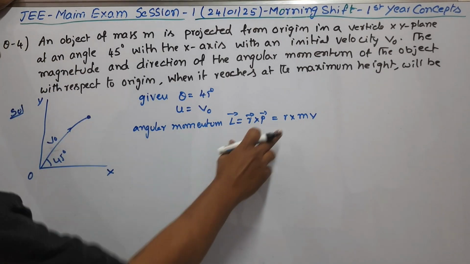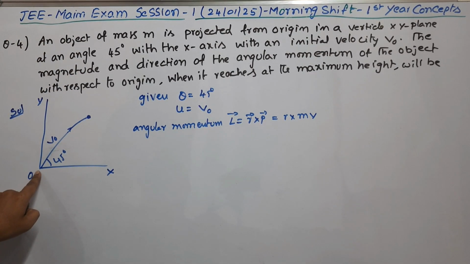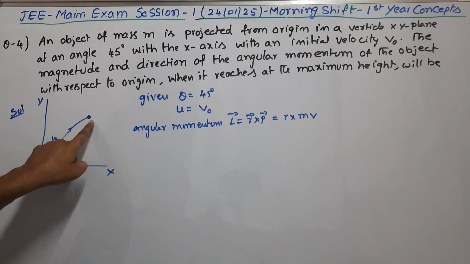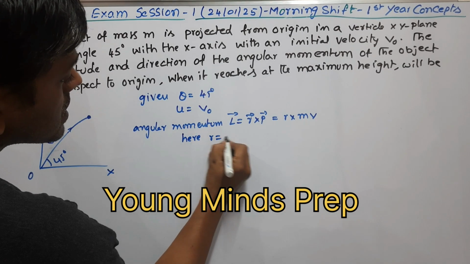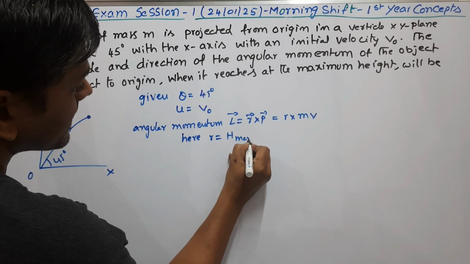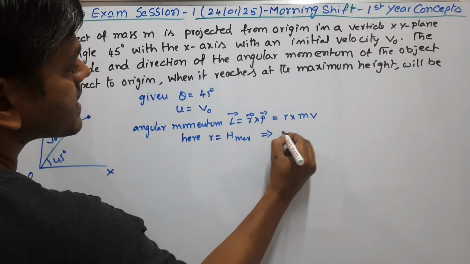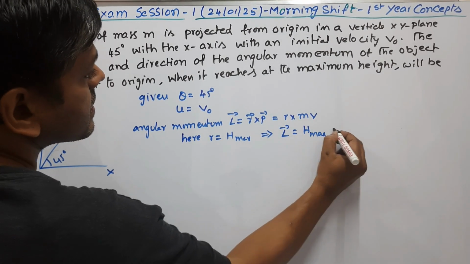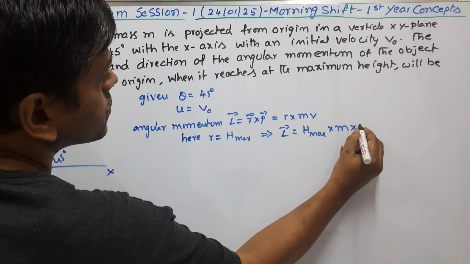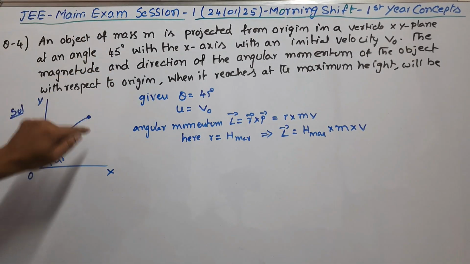Here r is with respect to the origin. You want to calculate angular momentum at its maximum height, so r here is H max. That implies L bar is equal to H max into mass into the velocity at the highest point.